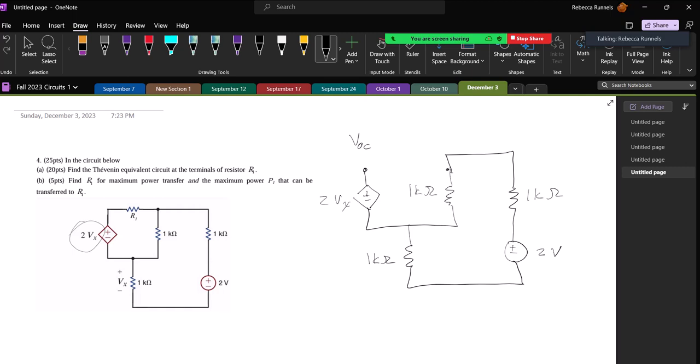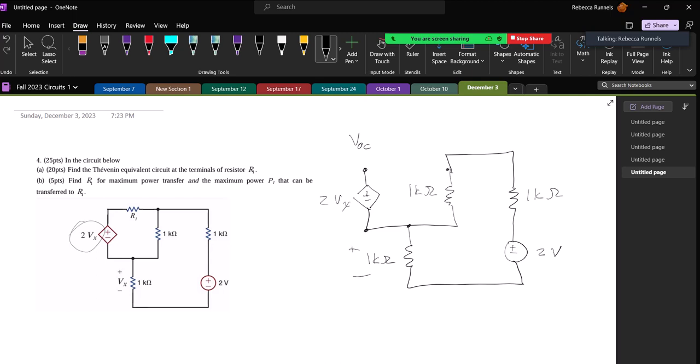I do know that whatever the voltage is here, and Vx is the voltage across this resistor, the voltage on the other side of this has to be 2Vx more than whatever it is here.